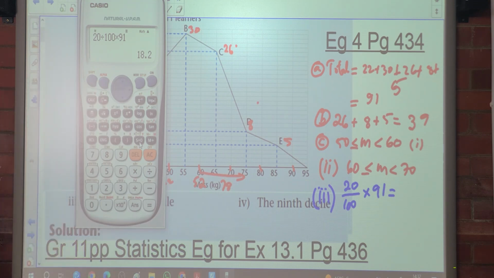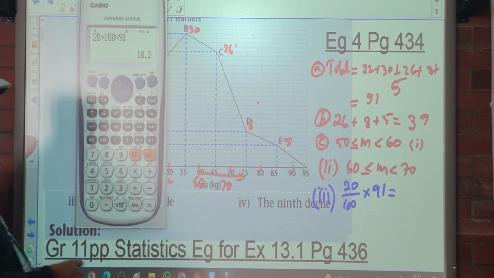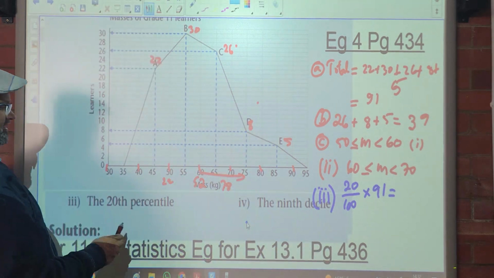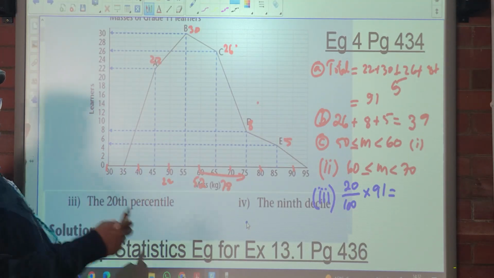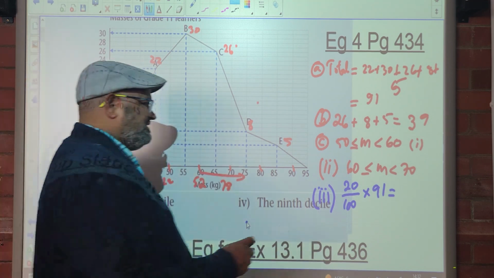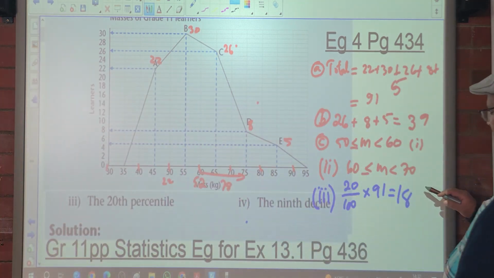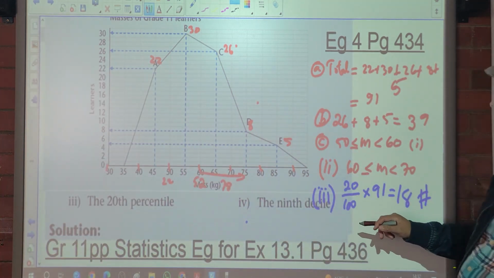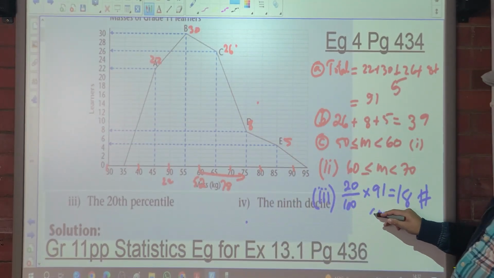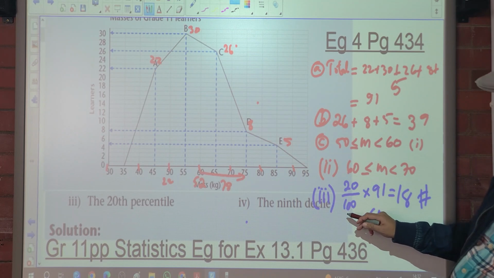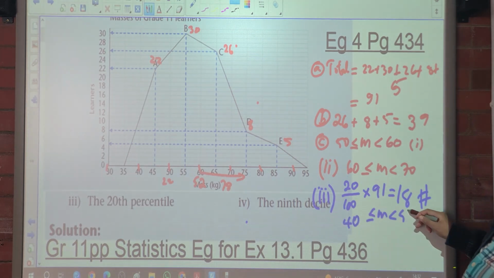So we're going to look at the 18th entry or 18th person. In the first category we have 1 till 22, which includes number 18. So in which category does that one fall? The mass is greater than or equal to 40 but less than 50.